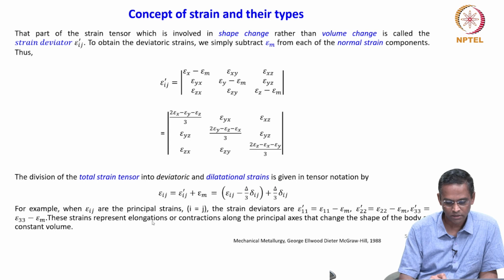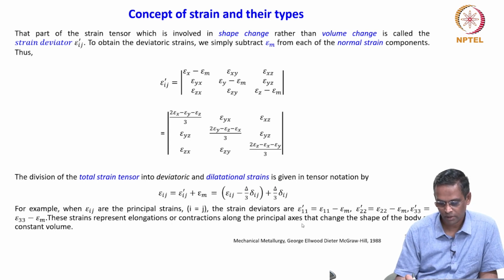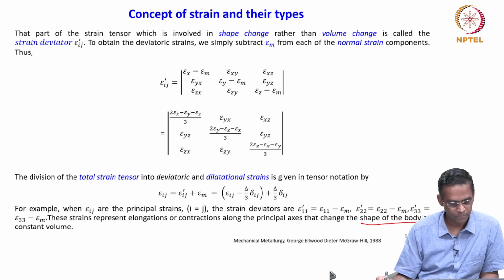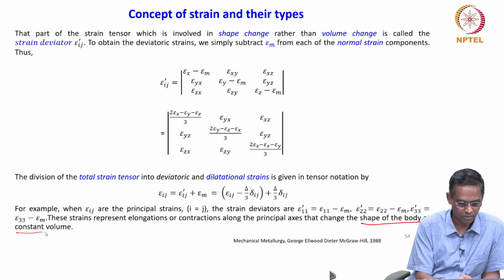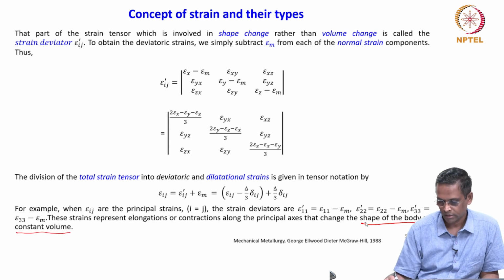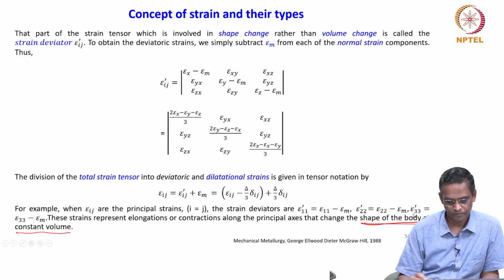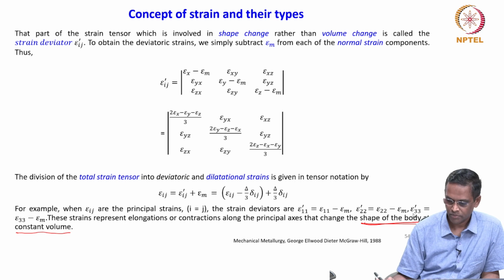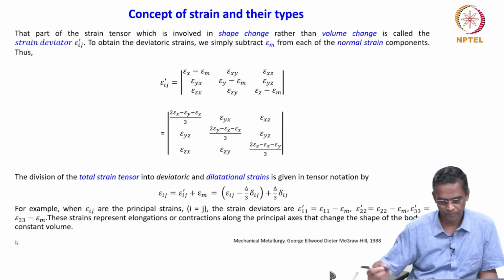These strains represent elongations or contractions along the principal axis that change the shape of the body at constant volume, very important. So, the shape change strains.